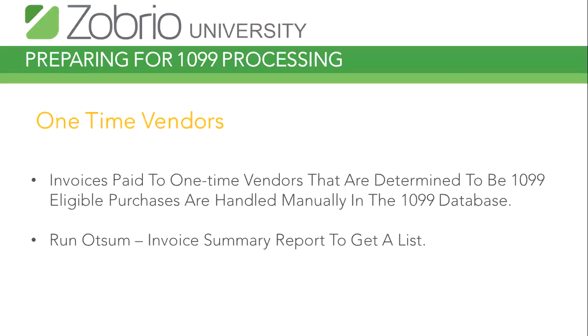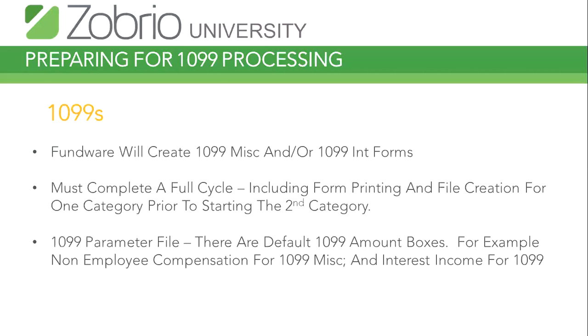Okay. Now, from here, once you create that 1099 database, that's the database from which the forms are printed. And with the Fundware software, you can create 1099 miscellaneous and or 1099 interest forms.